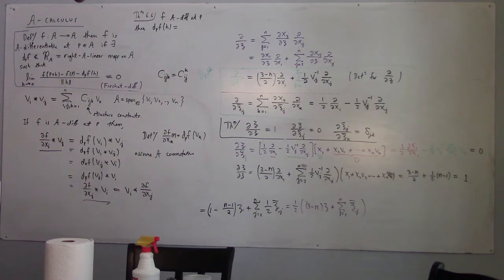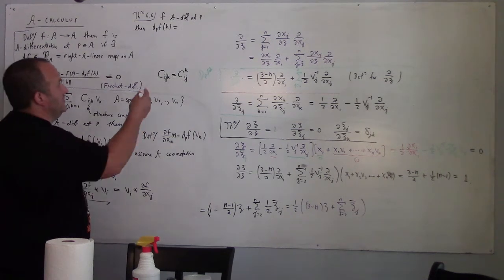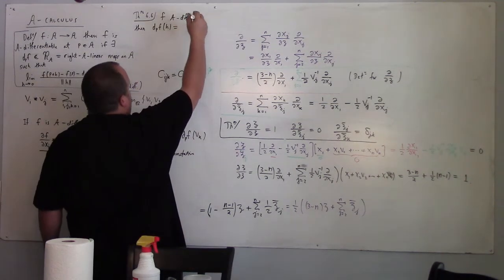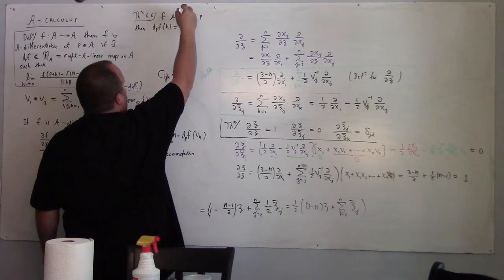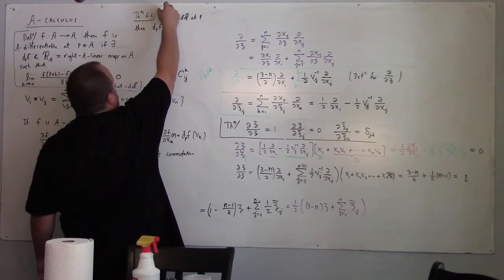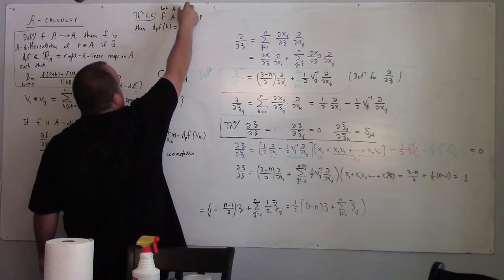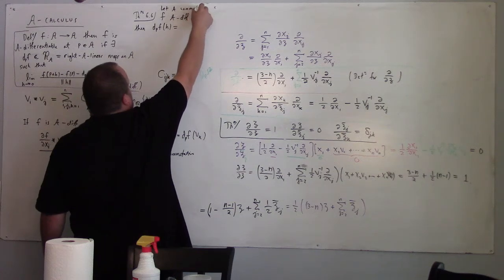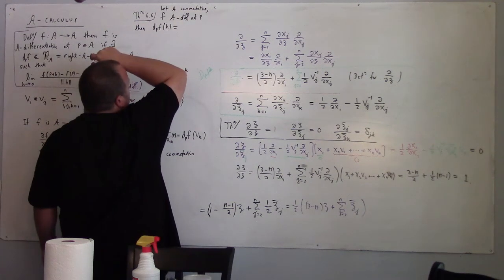So theorem 6.6 says that if f is differentiable at p, then the differential of f at h is actually equal to the following. And we'll let A be commutative, okay? I think I assumed that there, but I'm going to assume that here.